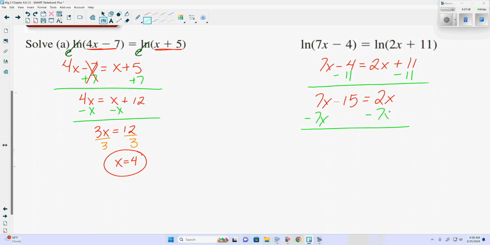Minus the 7x from both sides. Minus negative 15 is equal to negative 5x. Divide by negative 5. Telling us x is equal to 3. Questions? That's fine.